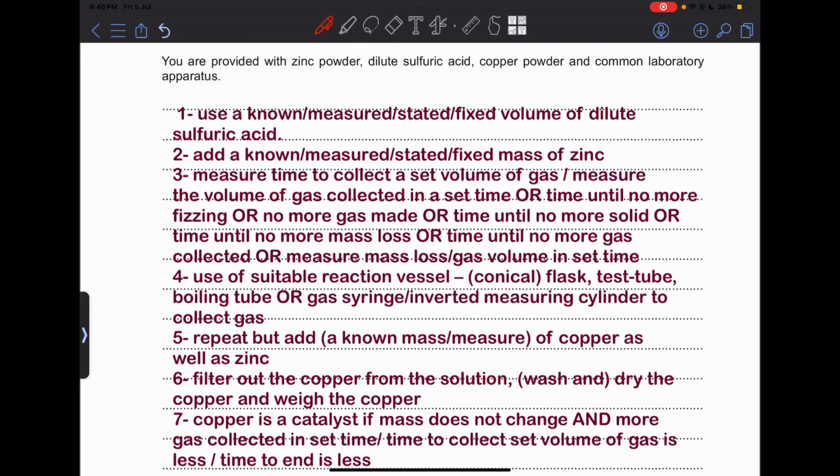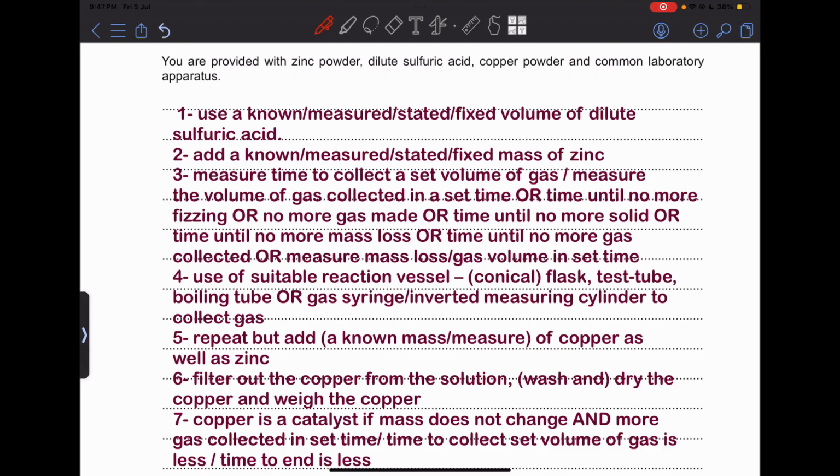So for example, let's say that you added 500 milliliters of sulfuric acid to, for example, 50 grams of zinc, and you have to measure the time taken to collect a certain volume of gas. Or you can also measure the time taken until no more gas is produced in this experiment.